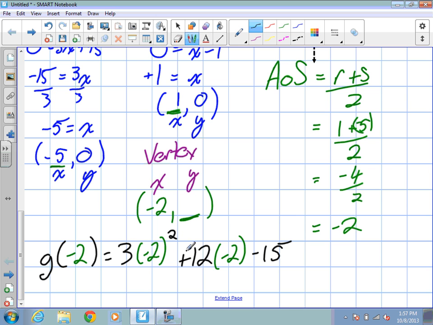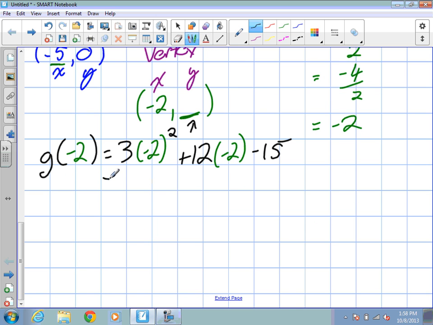So we continue this. Negative 2 squared is 4. 4 times 3 is? Not negative 12. What's negative times a negative? Positive. That's right. So we have positive 12. What's 12 times negative 2? Negative 24. And then minus 15. This will become negative 12. So negative 27. Who wants to check that for me?